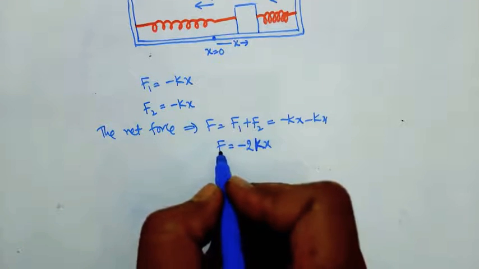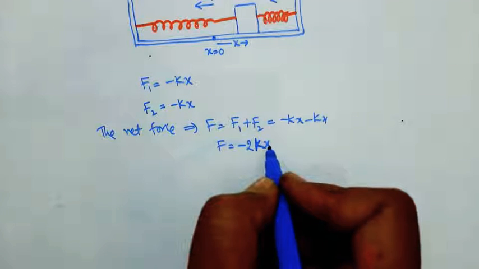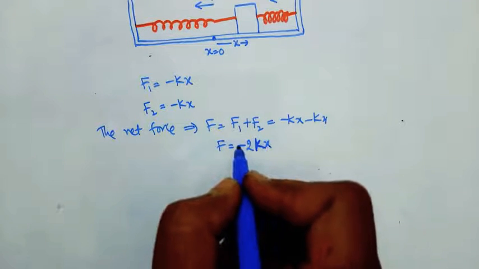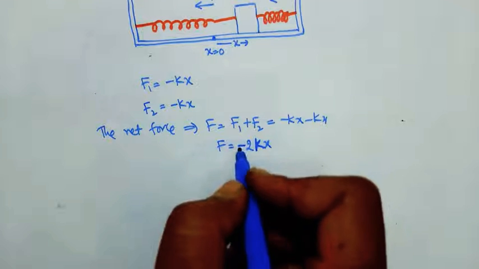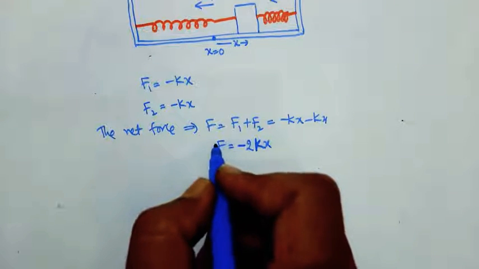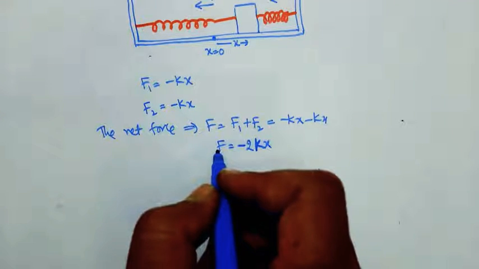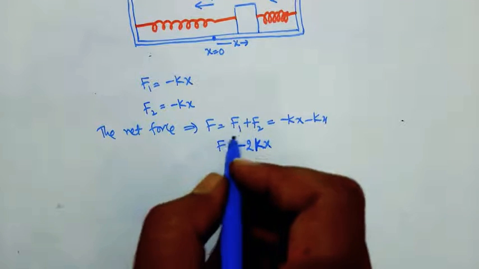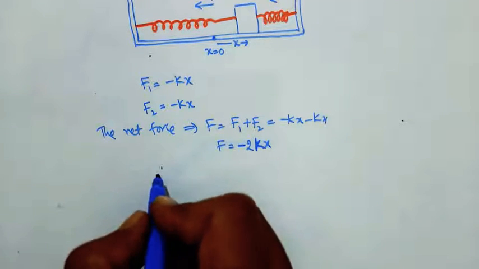The force on the mass is directly proportional to the displacement in magnitude and is in the opposite direction, and the force is always towards the mean position. So the mass executes simple harmonic motion.